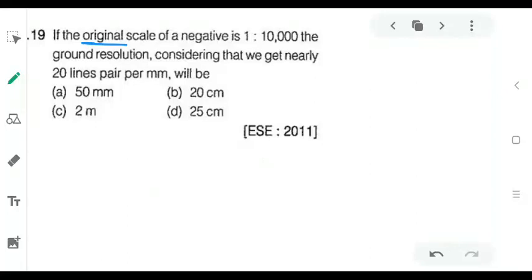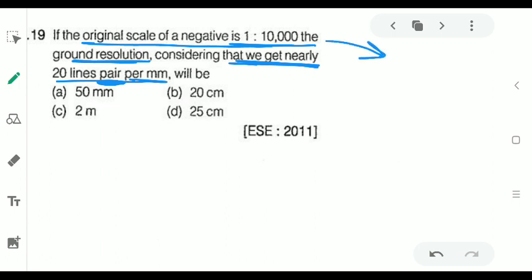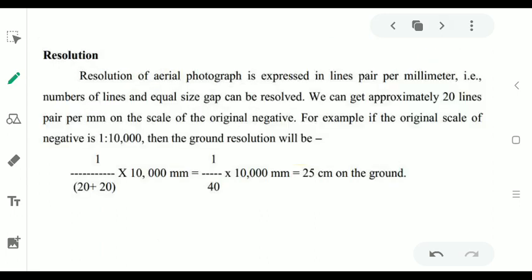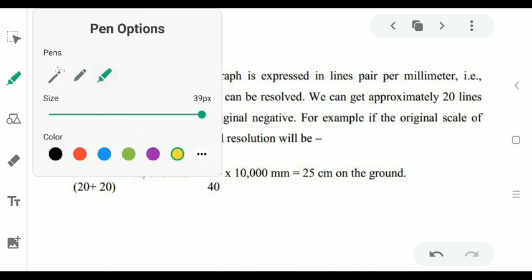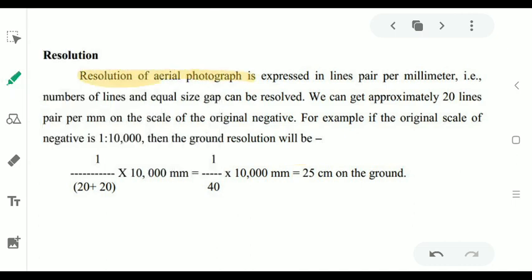If the original scale of a negative is 1:10,000, the ground resolution, considering that we get nearly 20 lines pair per mm, will be. Since we are here talking about the ground resolution, that means कि जो आपकी बात हो रही है that is corresponding to aerial photographs. So for aerial photograph, the resolution of aerial photograph is expressed in lines pair per millimeter.